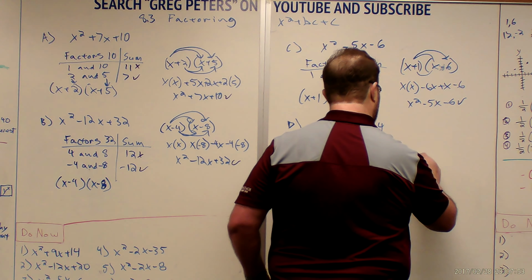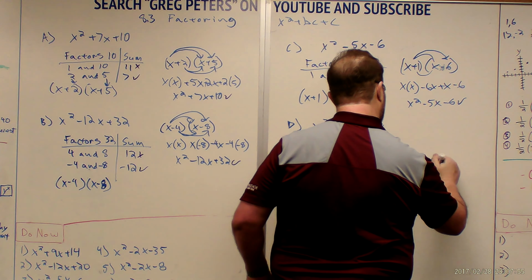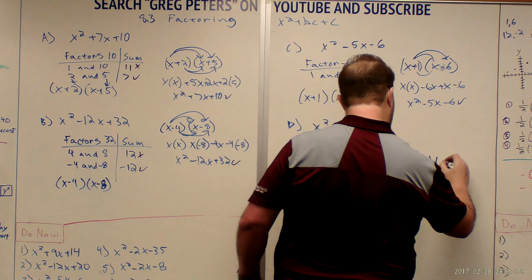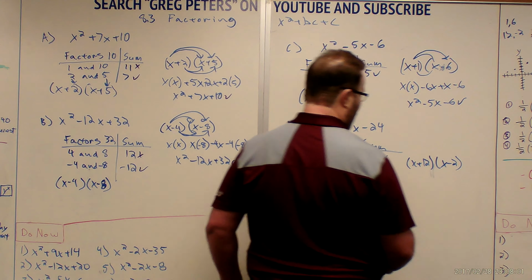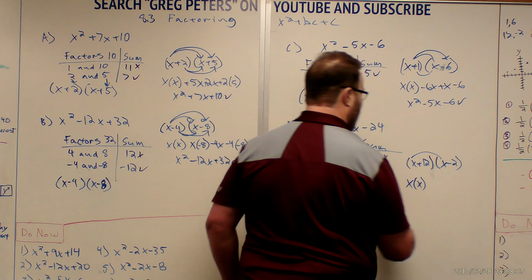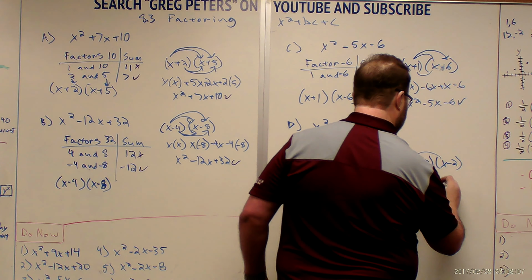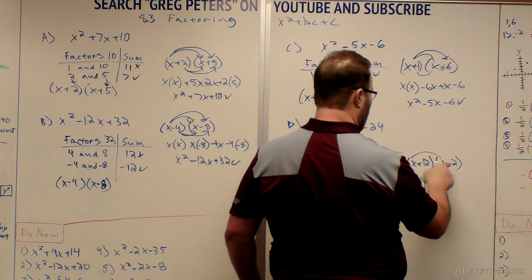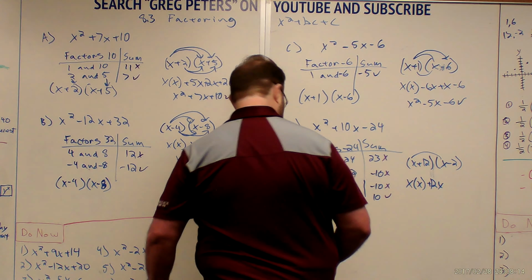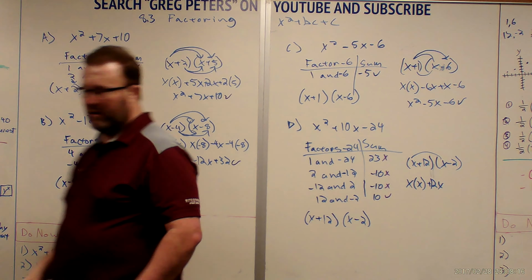So we come over here, x plus 12, and x minus 2. So F, first, x times x, plus 12x. Oh, forgot one. Where's my eraser?